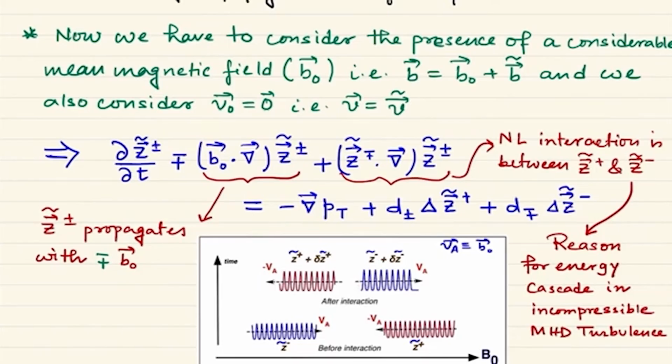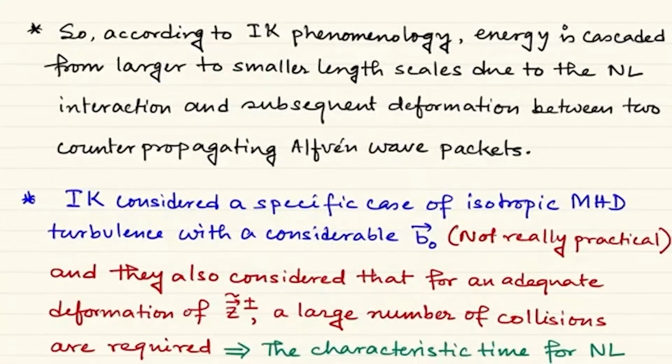Okay, so according to Iroshnikov-Kraichnan phenomenology, energy is cascaded from larger to smaller length scales due to the nonlinear interaction and subsequent deformation between two counter propagating Alfvén wave packets.